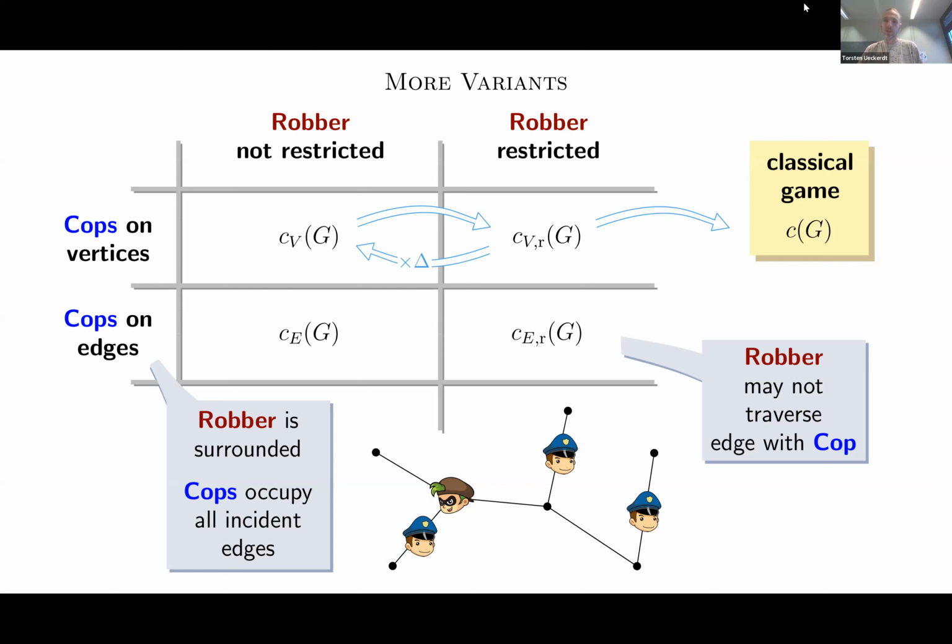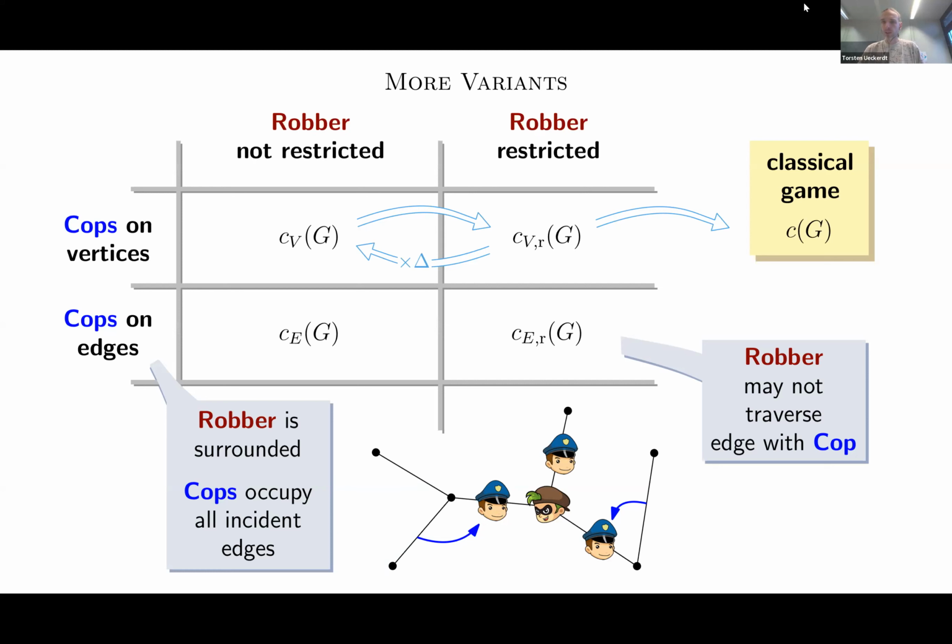So you can think of the robber being on the crossings of the streets, and the edges are the streets. And if you find yourself on a crossing where on all the outgoing streets there are cops, then you are surrounded. Okay. And then, let's maybe play some games. So maybe the robber moves here, and then the cops might do such a move, and now they have surrounded him, and they would win on this particular graph. There's also a restricted variant where a robber may not traverse an edge that is currently occupied by a cop.